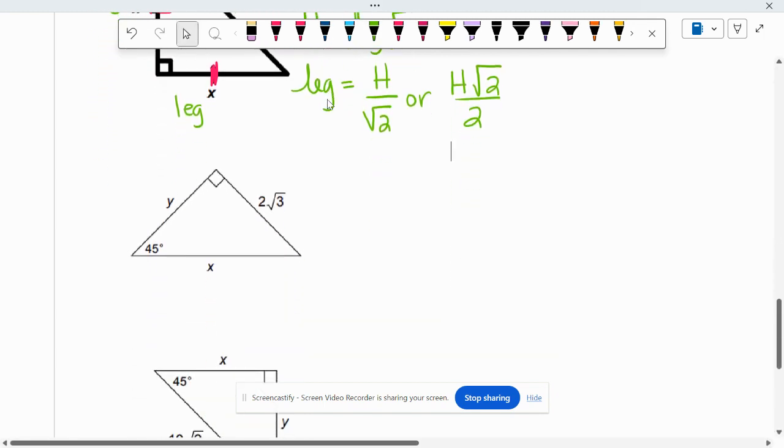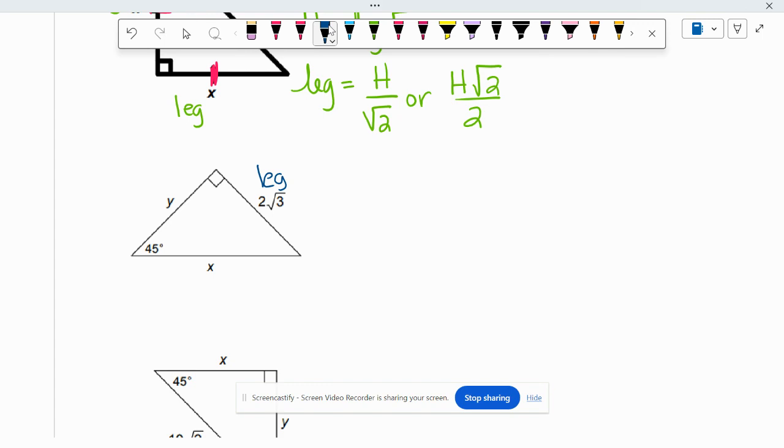So right here, I have one leg that has a measure of 2 times the square root of 3. That means that the other leg also has the same measure, 2 times the square root of 3. I need to find my hypotenuse. And I know my hypotenuse is the leg times the square root of 2.